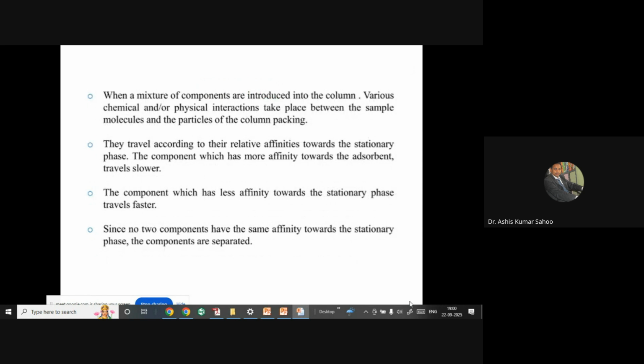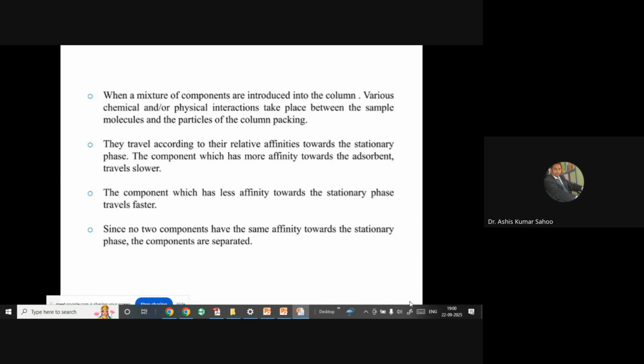When a mixture of components is introduced to the column, various chemical and physical interactions take place between the sample molecules and the stationary phase. They travel according to their affinity towards the stationary phase.